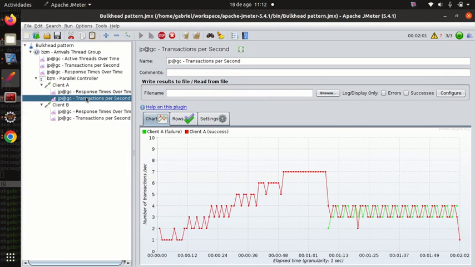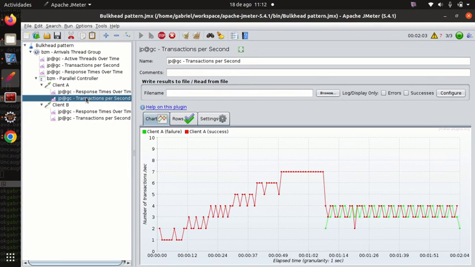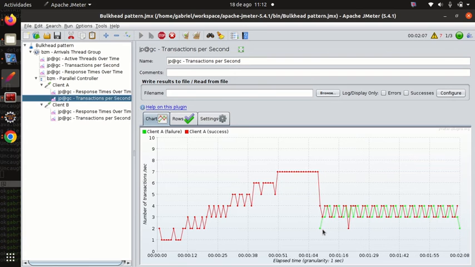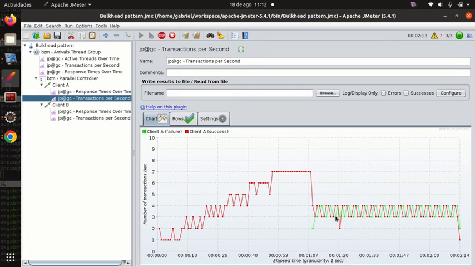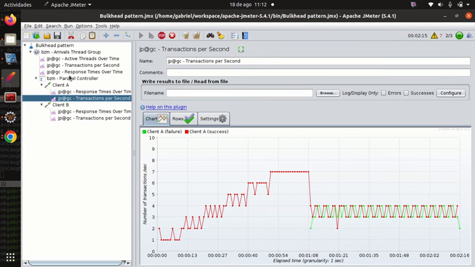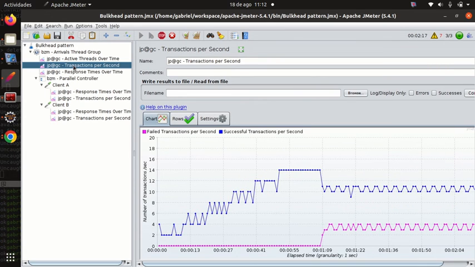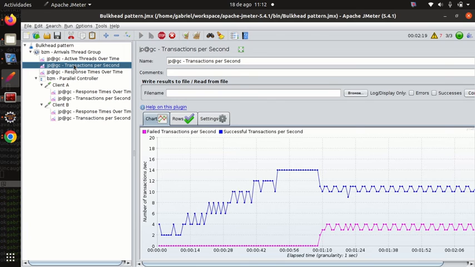Let's check the client side. Now we can see that we have failed transactions, and also we have successful transactions. Maybe this graph shows the values better.